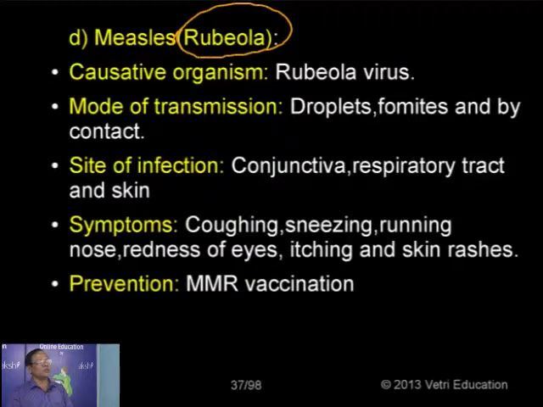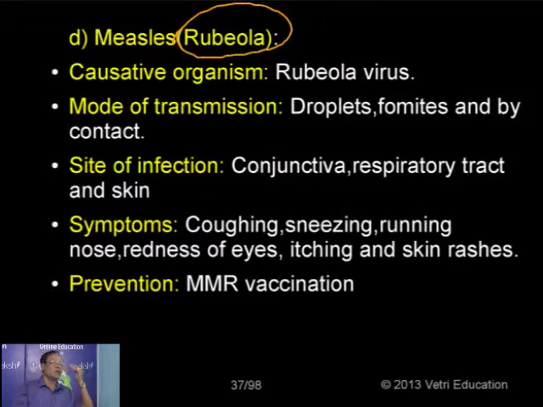Now the main sites of infection are the conjunctiva, the respiratory tract and also the skin. So we have inflammation of the mucous layer of the nose or the respiratory chamber and also the conjunctiva, along with the skin, because the skin develops symptoms, particularly the rashes. Then the symptoms are coughing, sneezing, fever and a running nose because of the inflammation of the mucous layer of the respiratory passage.